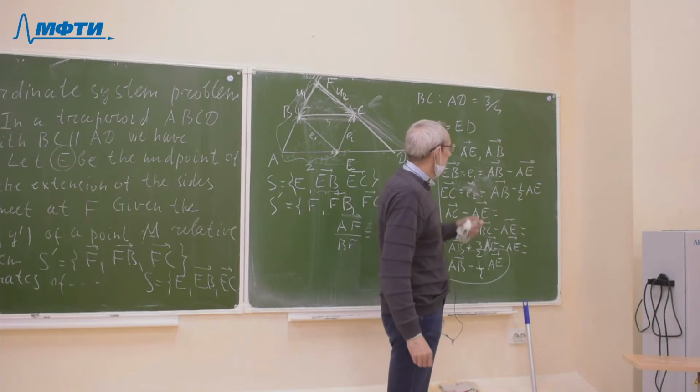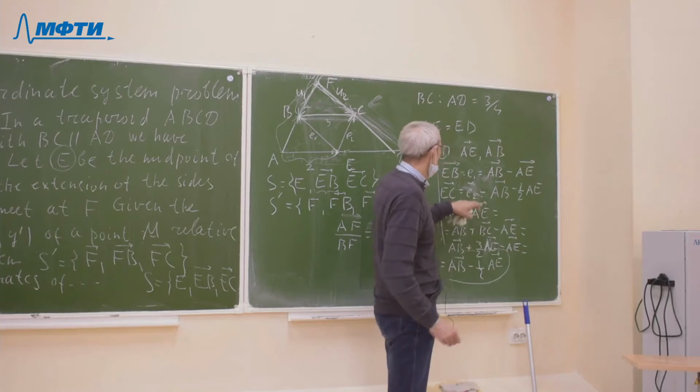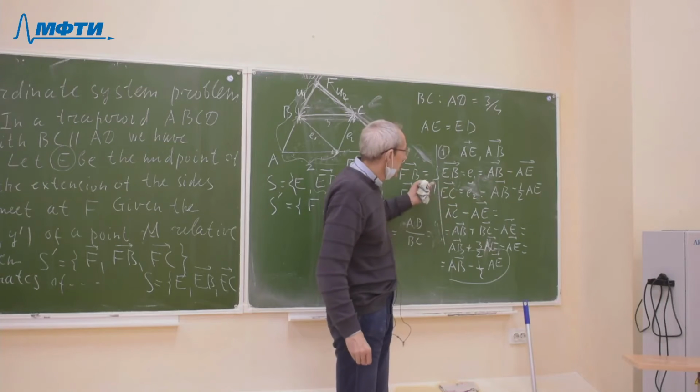And we can express vectors AB in terms of E1 and E2 using this equality. How to express?